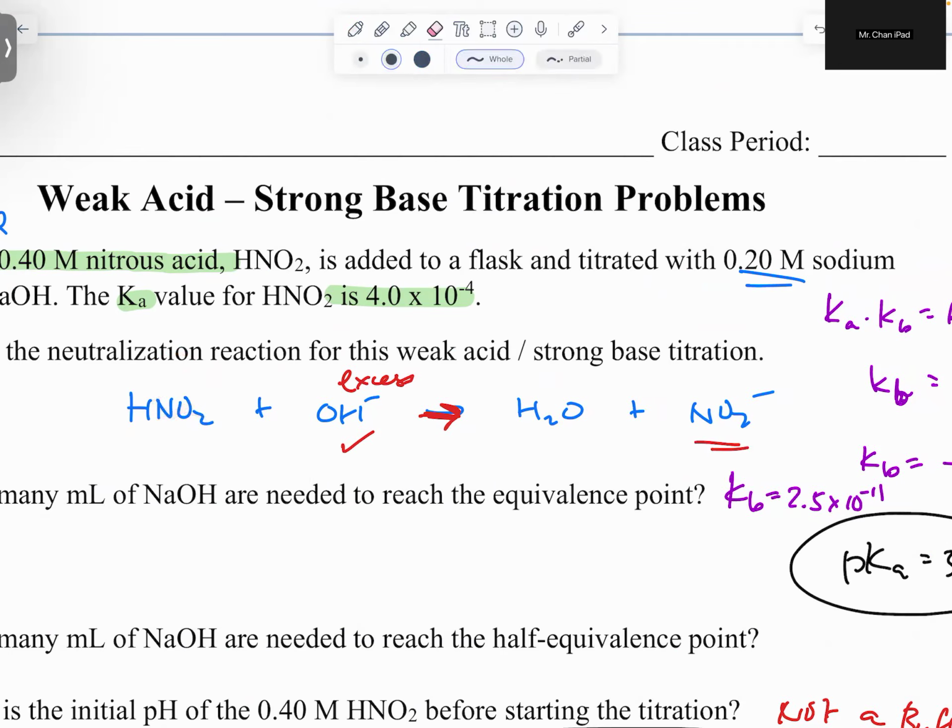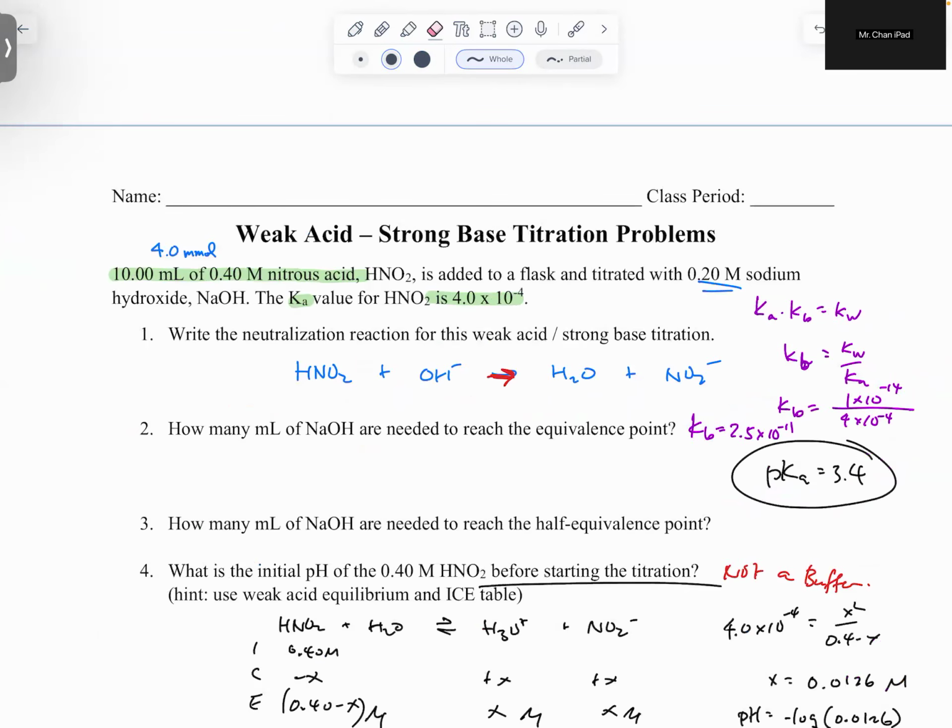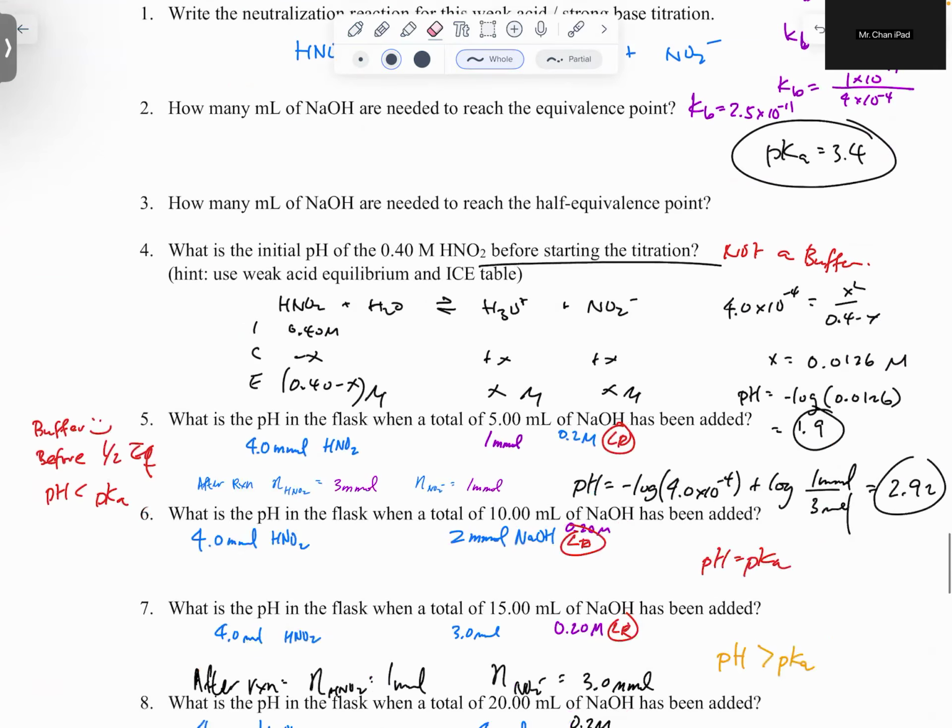However, NO2 minus is not really that strong a conjugate base. If you let OH minus and NO2 minus compete against each other, OH minus is superior, the king of all bases.